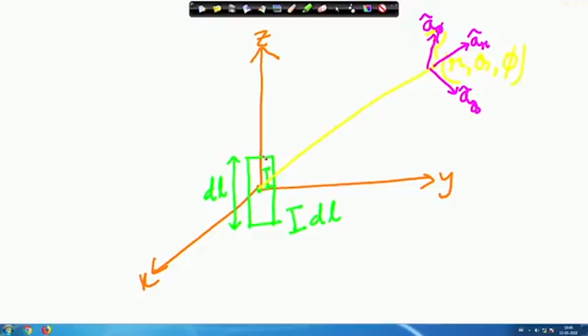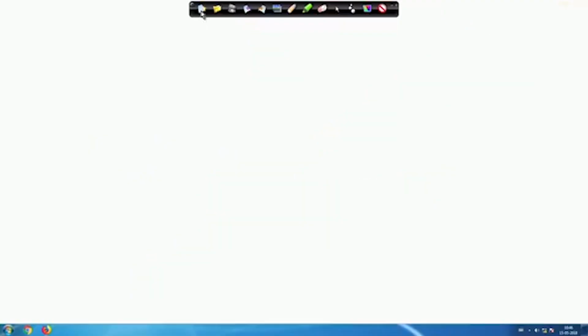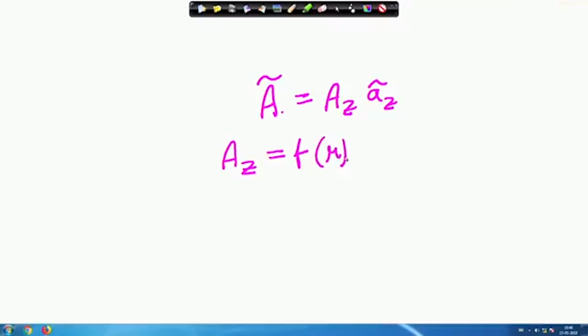So, we can say that A also will be z directed, magnetic vector potential A. So, I can say that magnetic vector potential will be Az, and from the symmetry I can say that Az will be a function of r, and Az is not a function of theta or phi, because the source is spherically symmetric. Once this is there, I can write.